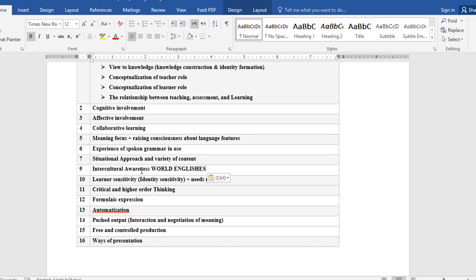So intercultural awareness is important because culture influences and determines pragmatics, and you know that pragmatics is the most important perspective of language. We learn grammar, vocabulary, pronunciation, and different perspectives of language. But when we say pragmatics, we are talking about meaning-making choices. Why we prefer some choices over others, in what conditions, in what situations, and why some of the choices should be preferred over the other ones.